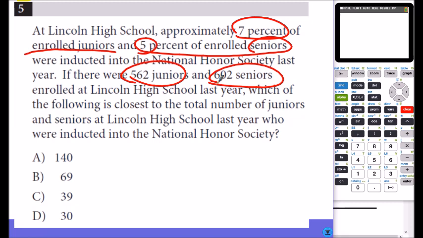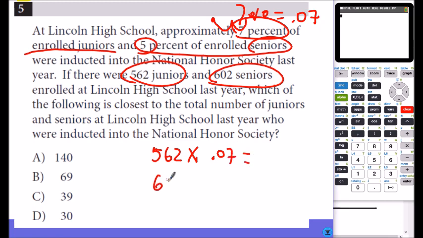You're looking for 7% of 562 juniors, so you multiply. 7% equals what? Move 2 decimals to the left, so it's 0.07.